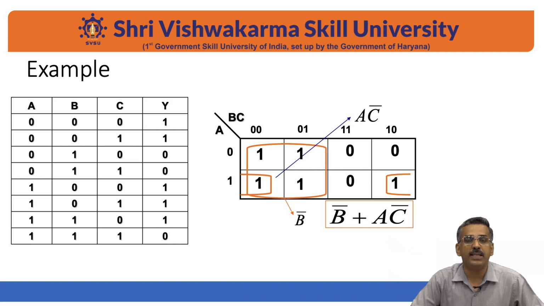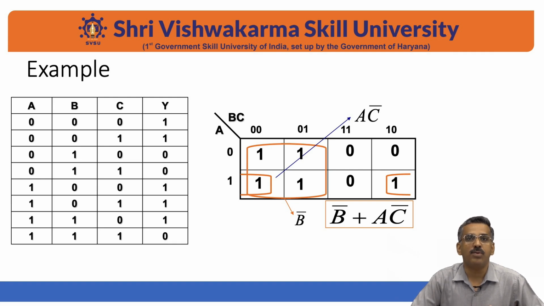Now we will have the expression from both variables, A and C. In this case the value of A is 1 while the value of C is 0. So it will be the product of A and C, represented as A into C bar.